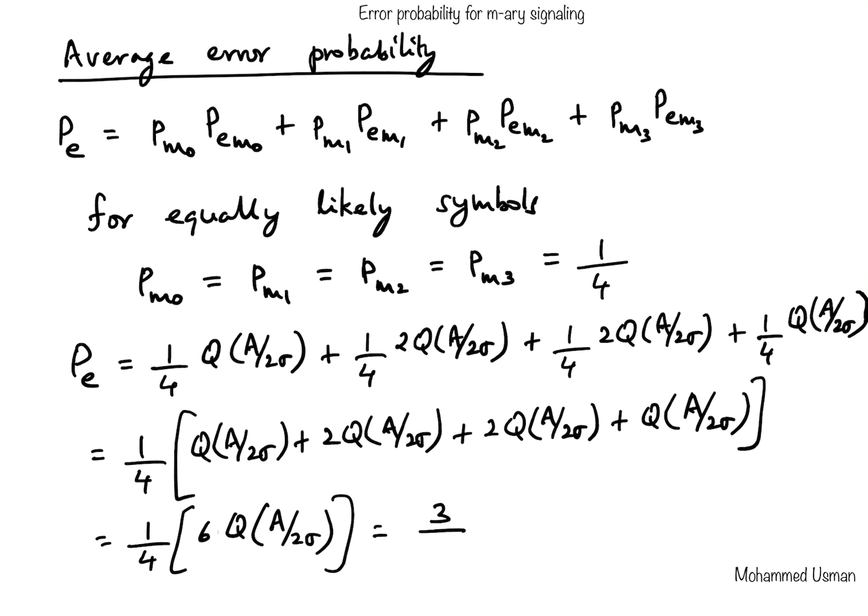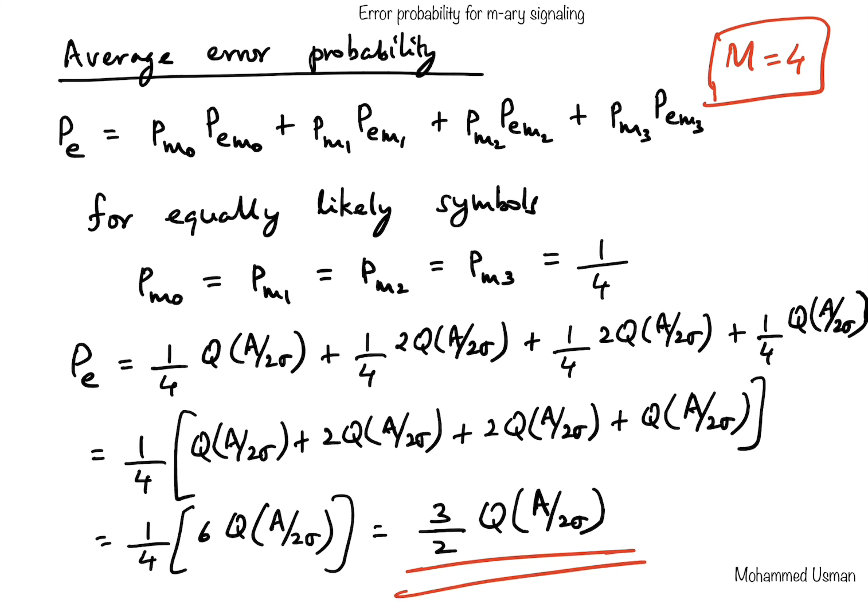So that gives us 3 by 2 times Q of A by 2 sigma. 3 by 2 is 1.5, right? So the average error probability for M-ary signaling with M equal to 4 is 3 by 2 times Q of A by 2 sigma. So that's our final answer.